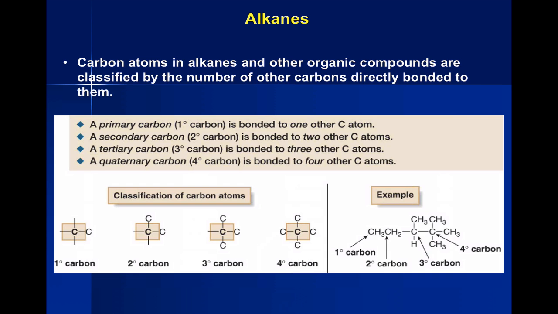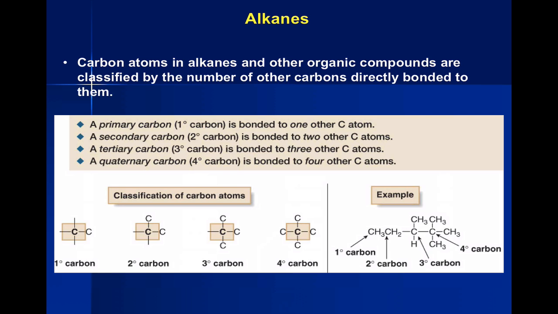And if we look at this particular example, we can see the different types of carbon atoms within a single molecule, right? Here we have a primary carbon. Is that the only primary carbon in that molecule? No. All of the CH3s are primary carbons, right? Notice I've got a secondary carbon, I've got a tertiary carbon, and I've got a quaternary carbon. Okay?